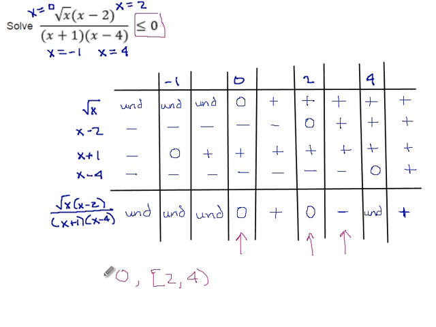So either x is 0, or if I was going to do this in massive detail, I would say either x is 0 or x is somewhere in the interval 2 to 4. And if you did it with inequalities, you could say either x equals 0 or 2 less than or equal to x less than 4.